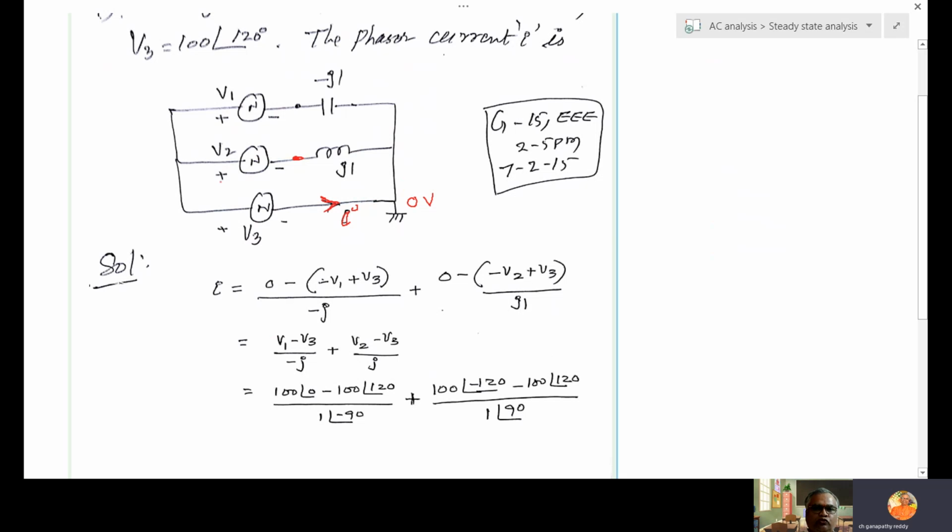Minus V2 plus V3, the voltage at this node. Wherever you want to know the voltage, start there and go to ground, following the KVL convention. Minus V2 plus V3. What is the voltage here? Minus V1 plus V3.